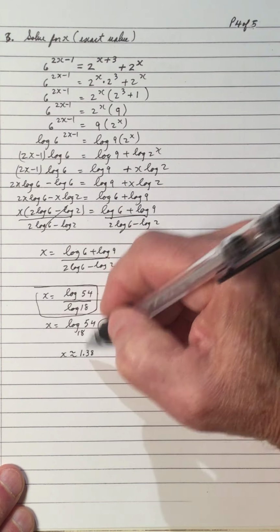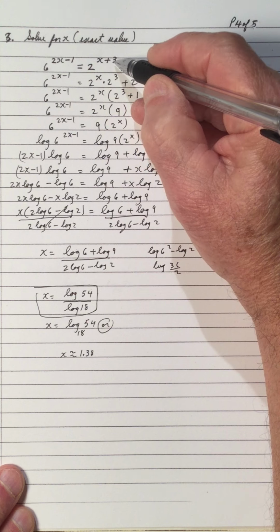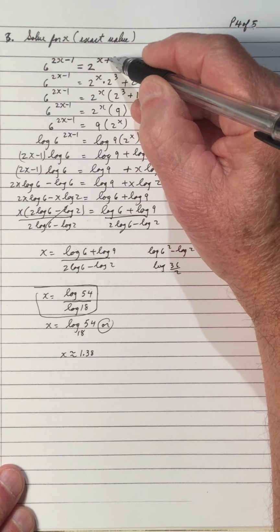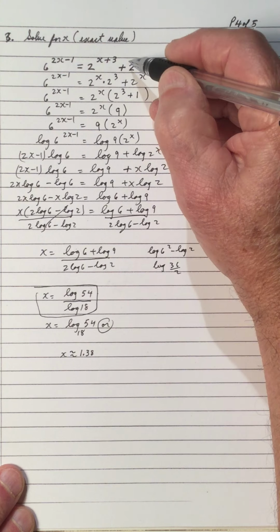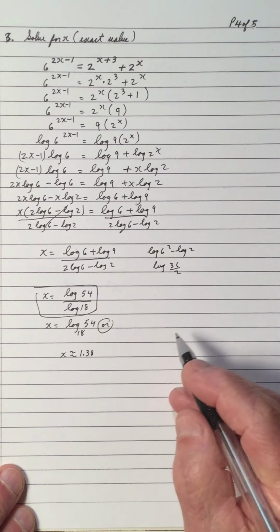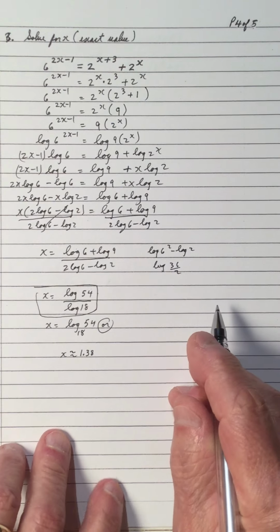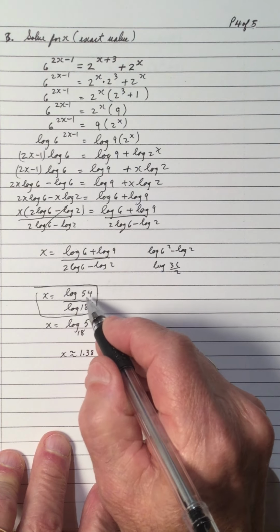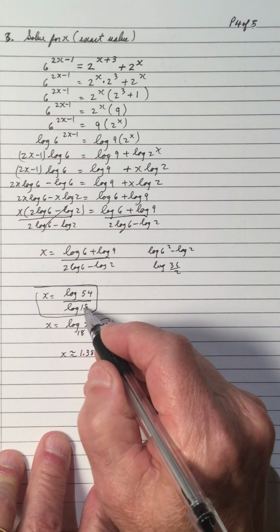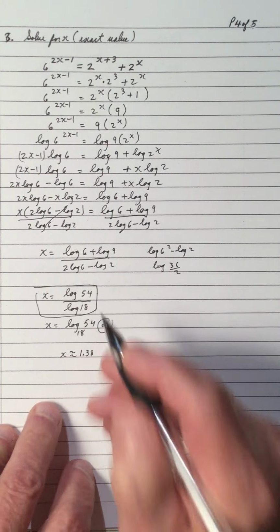And if you take your 1.38 and add on the 3 and raise 2 to that power, plus 2 to the 1.38, and work that out, you'll get 23.4. You can check it yourselves with a calculator, but the exact answer is the log of 54 divided by the log of 18, or the log of 54 base 18.